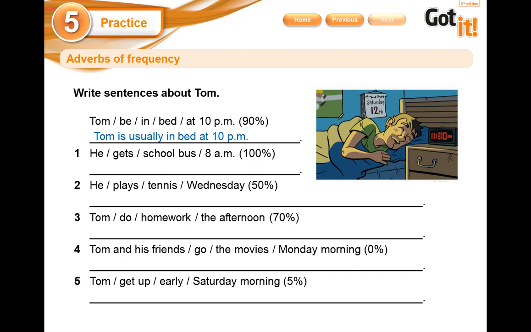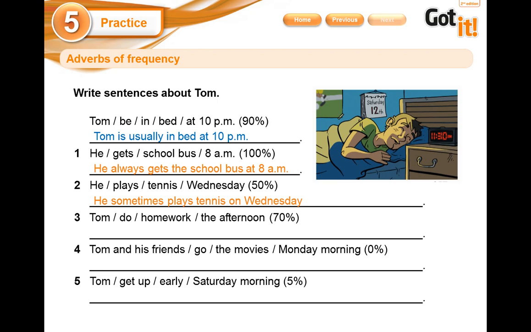100% sería always, ¿no? Sería he always gets the school bus at 8 in the morning. He plays tennis. Okay, sería he sometimes plays tennis on Wednesday.